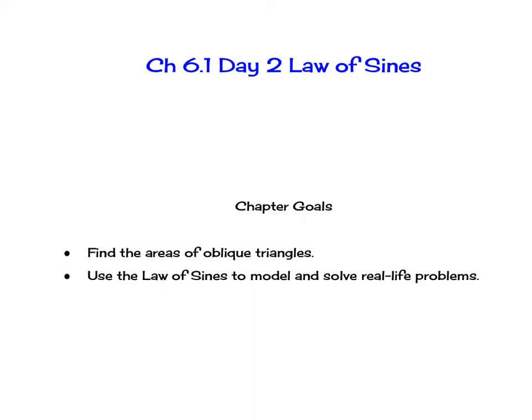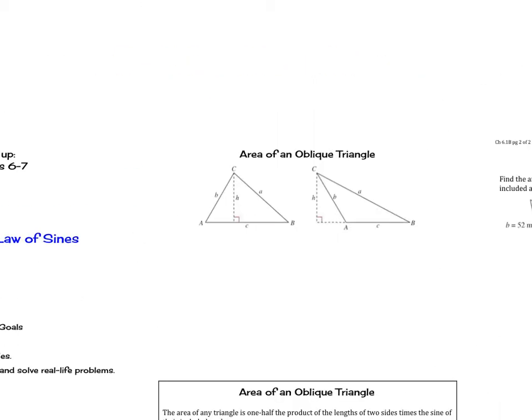6.1 day 2, we're looking at the law of sines, and we're going to look at the areas of oblique triangles, and then we're going to use the law of sines to model and solve real life problems.